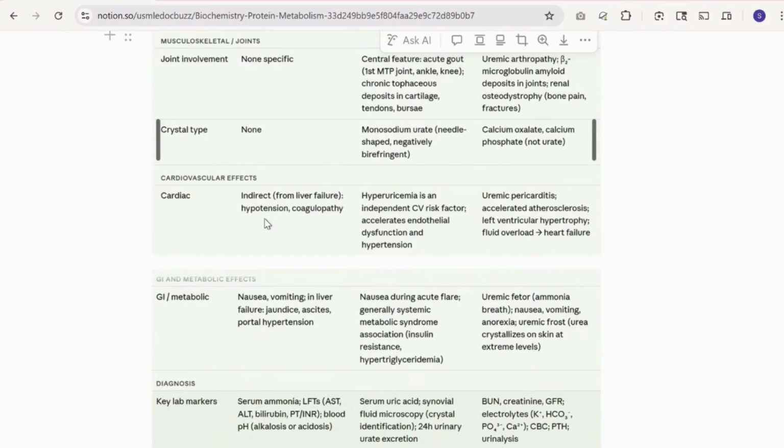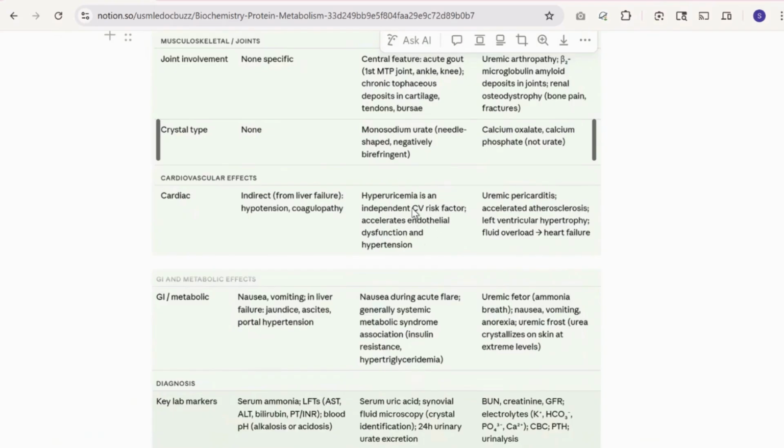Cardiac. You see, not much from it directly. Indirectly, though, it may lead to coagulopathy because of hepatic problems, right? It may lead to hypotension, again because of hepatic problems. Why? Because you have vasodilators floating around in the blood because the hepatic system is not metabolizing them. Okay. Hyperuricemia, you may have endothelial dysfunction.